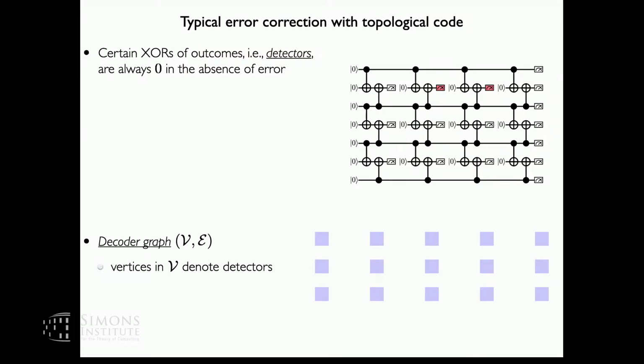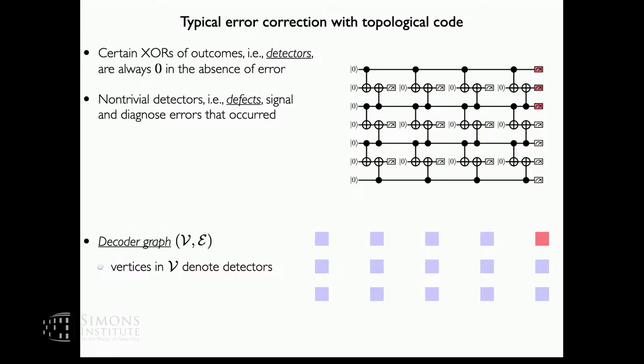And then we can form our decoder graph. Each vertex will be associated to a detector. So these two outcomes, XORed, will correspond to this vertex. And this outcome will correspond to this vertex. And the XOR of these three outcomes will correspond to this vertex. If something is red, meaning the value here is a 1, we call it a defect.